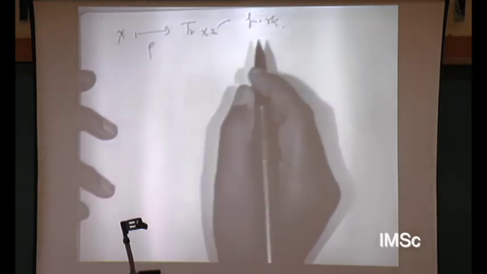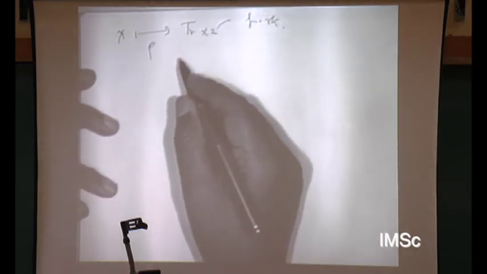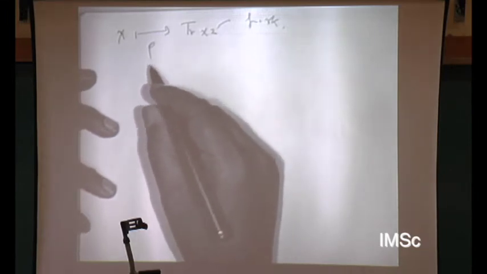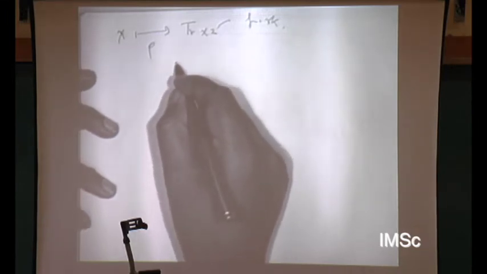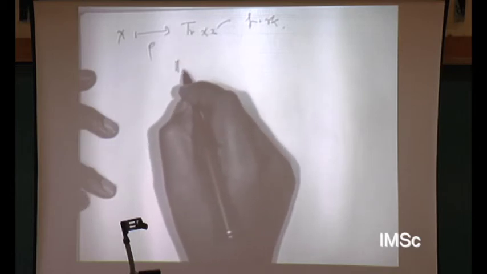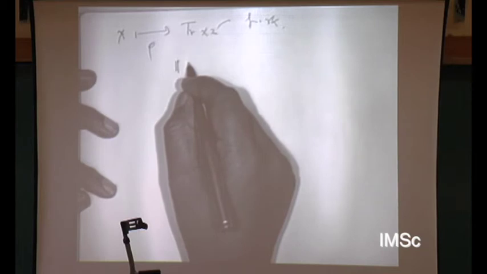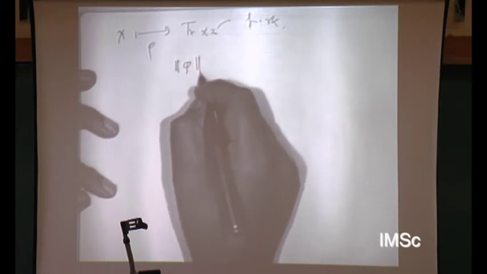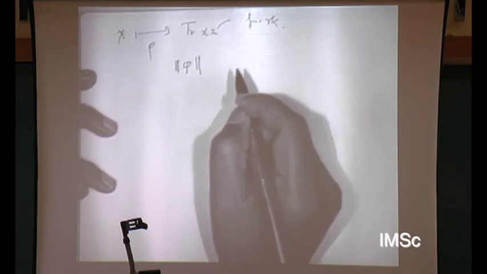Then what we've seen is that, what is the norm of this phi z as a linear functional?